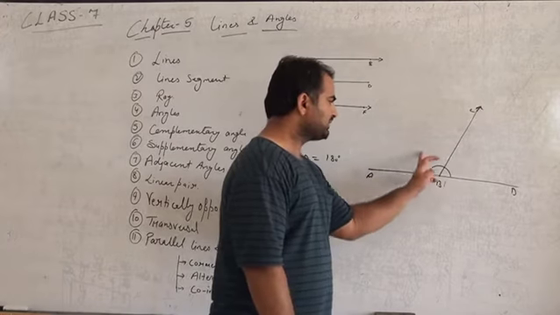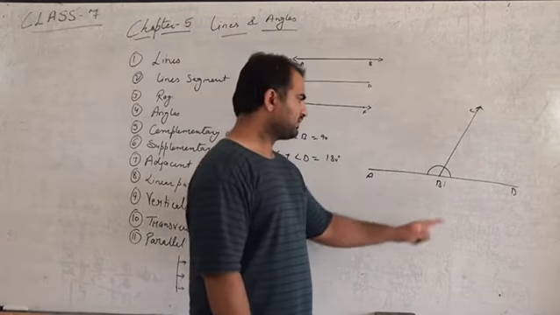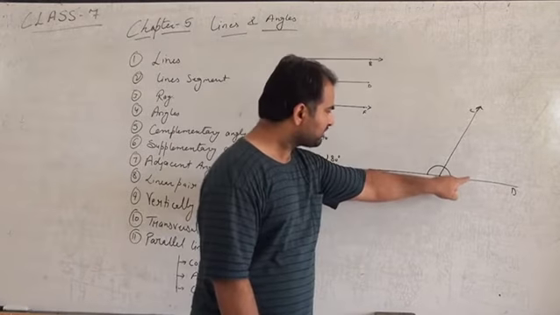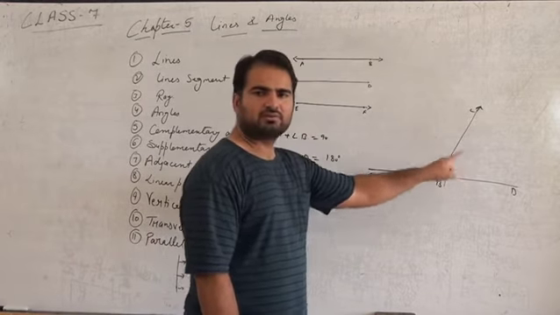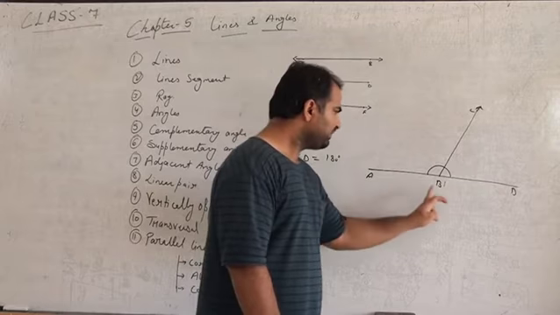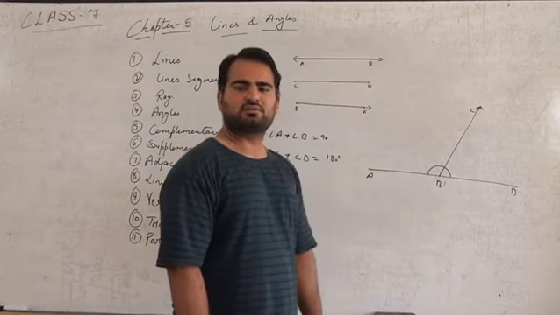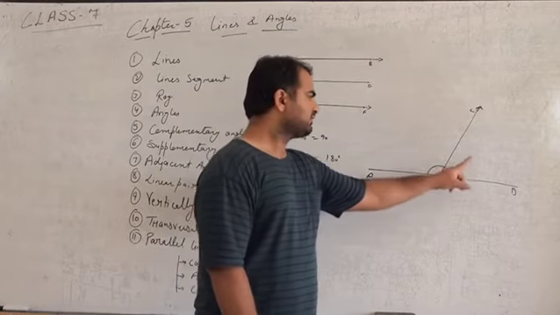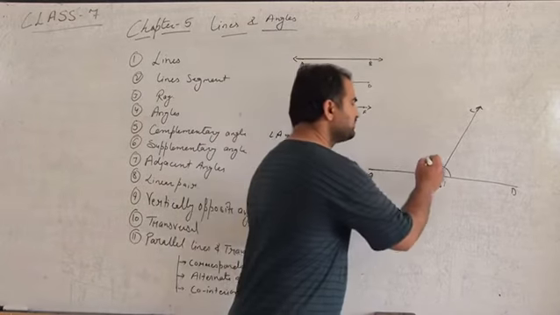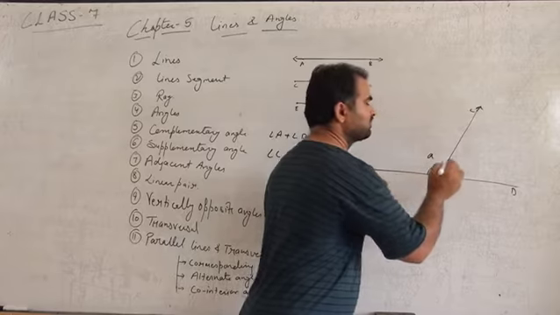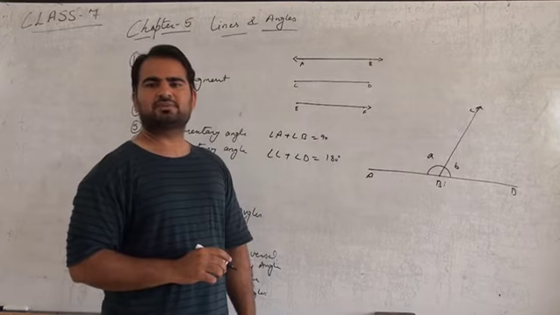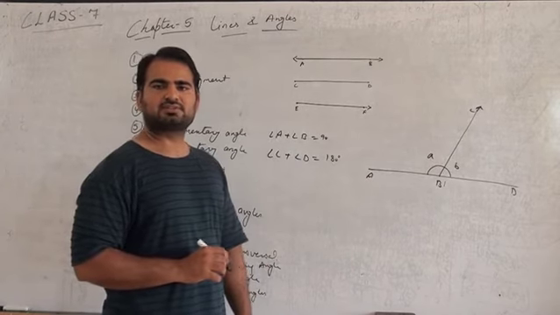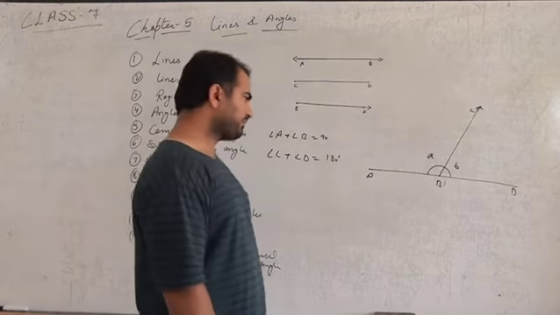These are adjacent angles, and the total sum of both the angles will be 180 degrees, because ABD is a total of 180 degrees since it is a straight line. So when two angles whose sum is 180 degrees, which are supplementary and adjacent, are known as a linear pair.